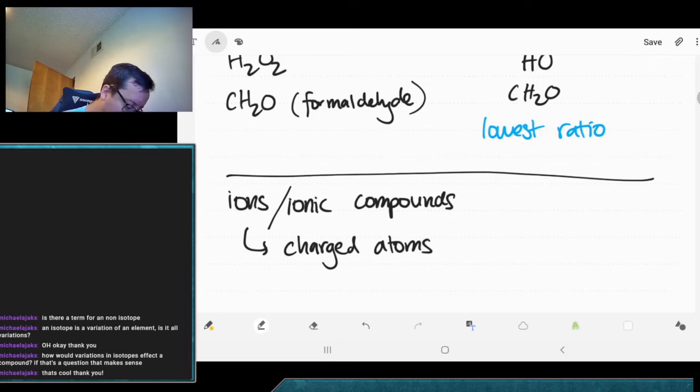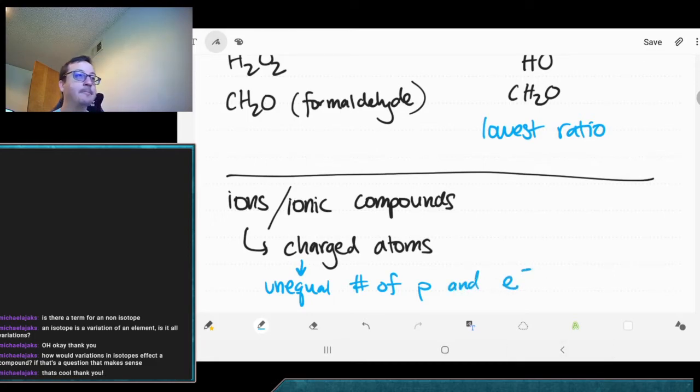And what we mean by charge is that they have an unequal number of protons and electrons. So sometimes in certain elements, you'll have unequal numbers of protons and electrons within your atoms.